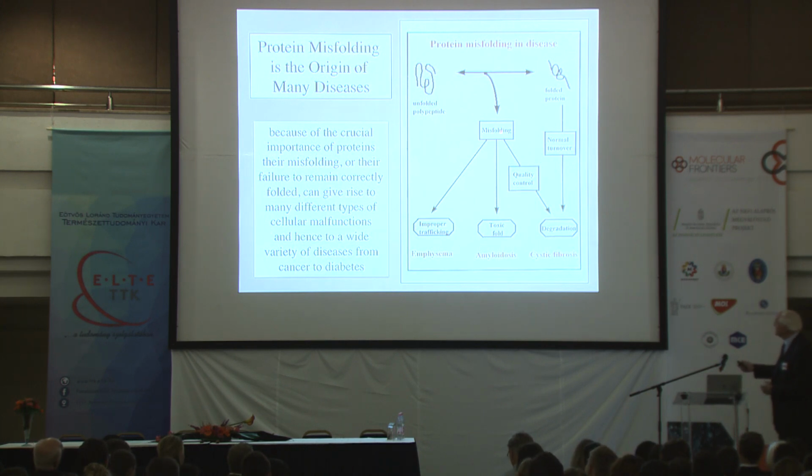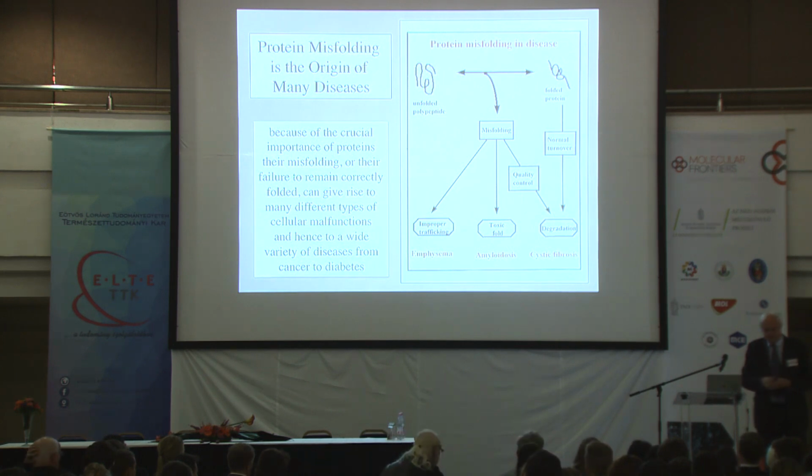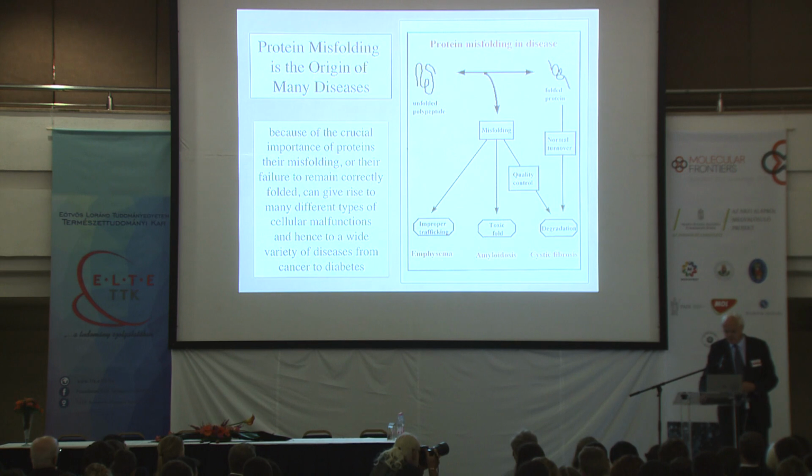But there's another class of diseases where misfolding in the cell does what most of us who don't fold proteins properly in the test tube are very familiar with. They precipitate. And so you get a series of diseases associated with the precipitation of misfolded proteins.